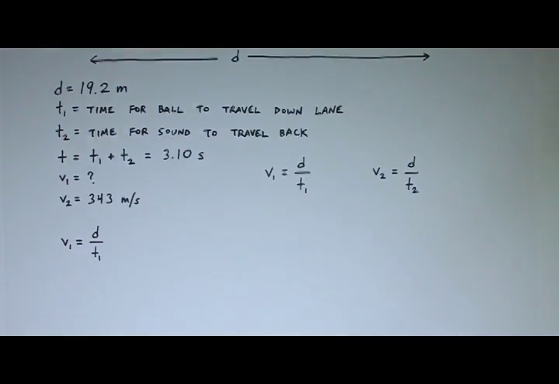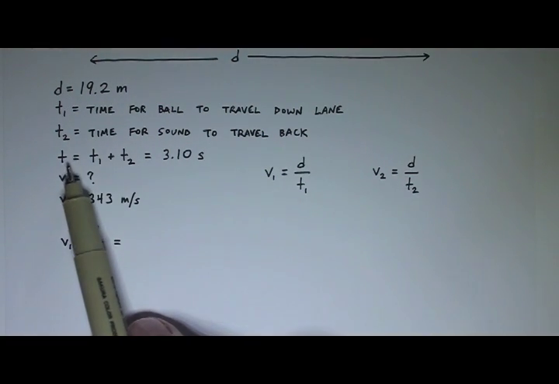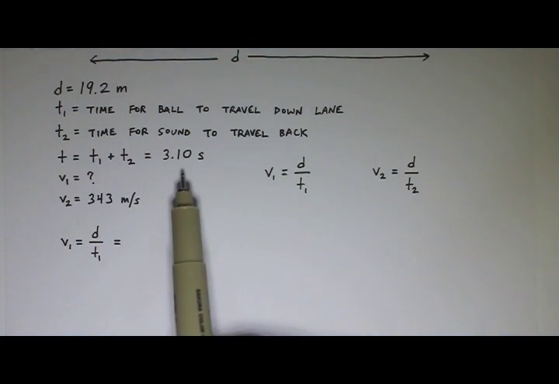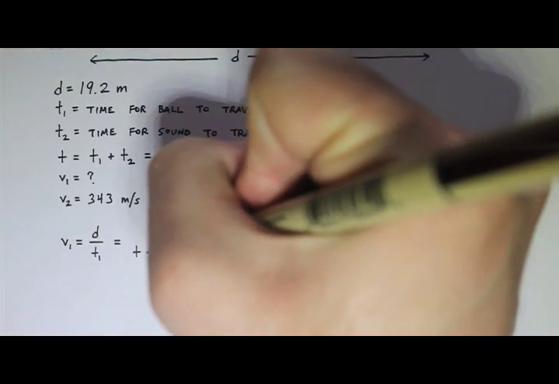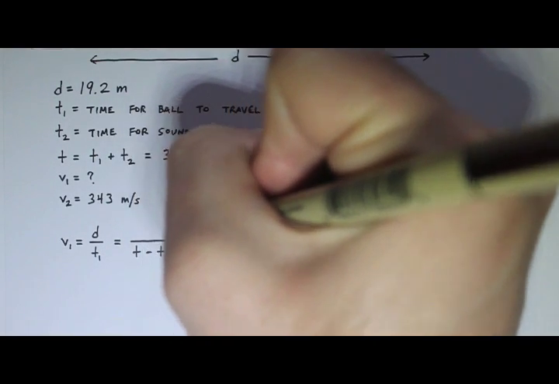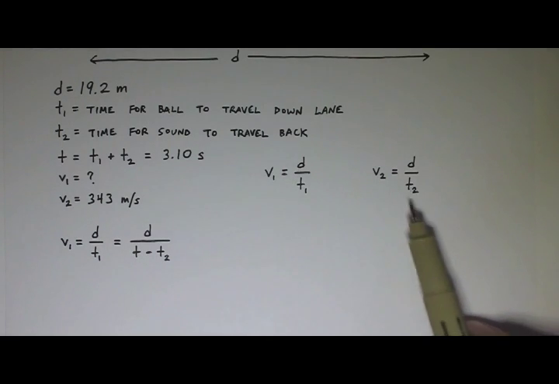Now I know D. I don't know T1, but I do know that the total time is T1 plus T2, which is 3.1 seconds. So maybe I can solve for T1. I can write this as T minus T2, the total time minus T2. And then T2, I know from this equation.